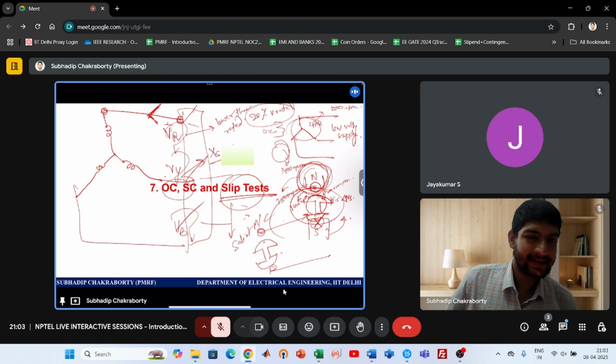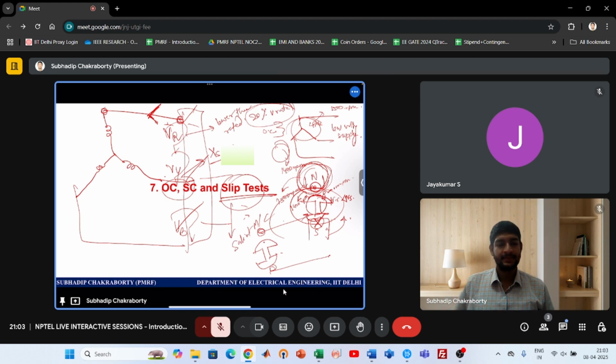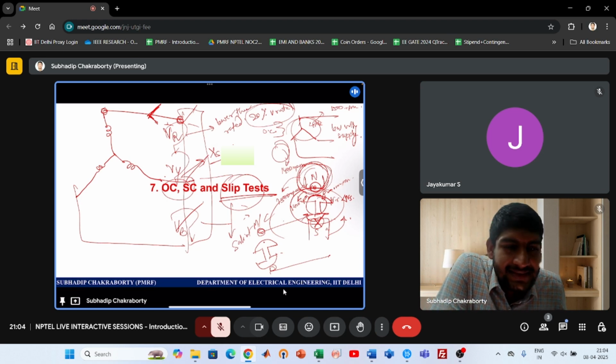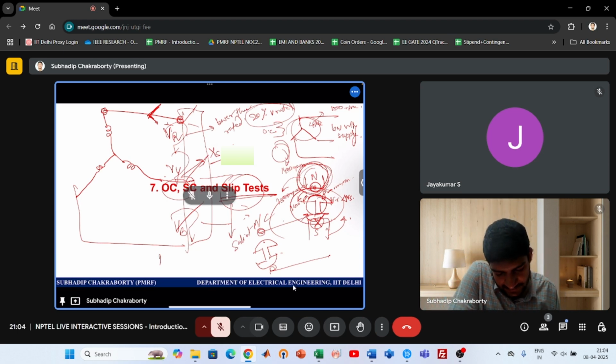Who defines that current? The reluctance path, right? And the reluctance path is modeled with inductance. So that inductance is what? L equals turns squared into permeance.